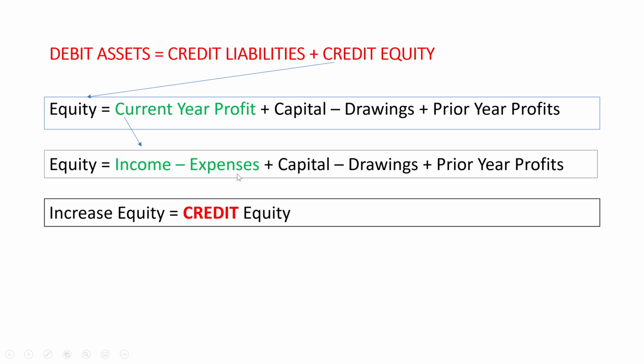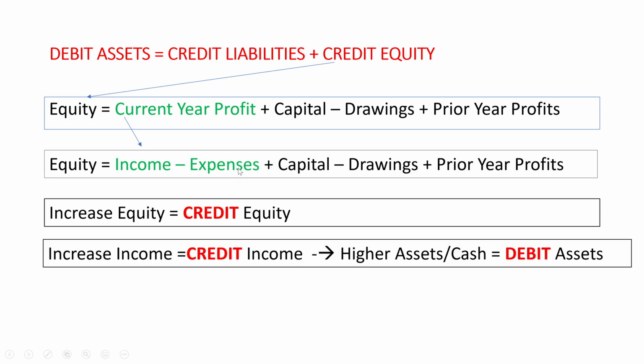Now, to increase equity, we credit equity, and income is part of equity, so we have to credit income as well. And this makes sense because if you're increasing income, you're generally increasing money in the business. So if you're crediting income, if you're having higher cash, you're debiting assets. So that's why this double entry works.